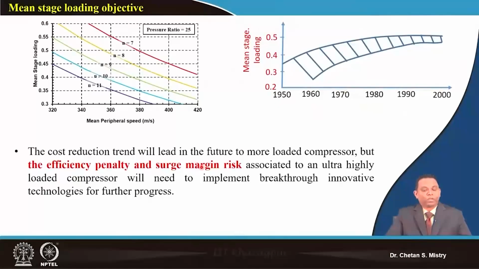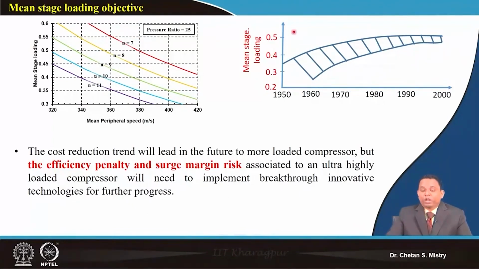Okay. Now here in this case, suppose I am assuming my overall pressure ratio is 25. When I am moving with a particular peripheral speed and selecting the number of stages, if we are reducing our number of stages, then my mean stage loading is going to increase.